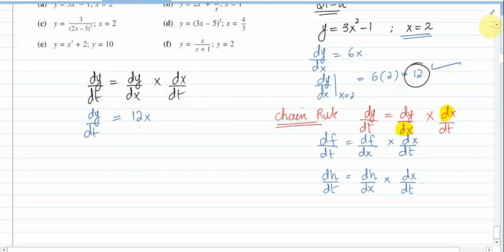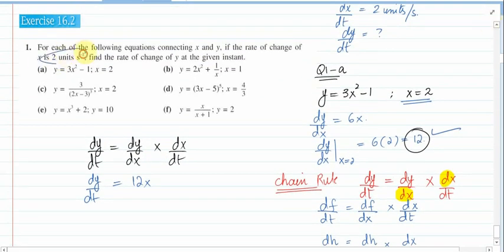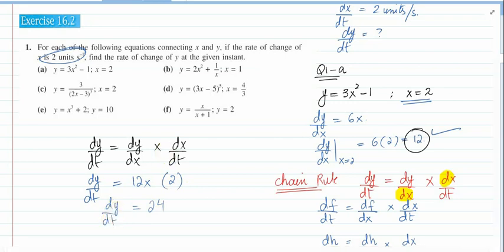Dx upon dt is given in the question, 2 units per second, so it's 2. So the answer is 12 times 2, which is 24, that is dy upon dt. I hope that you got a minute idea regarding the chain rule.